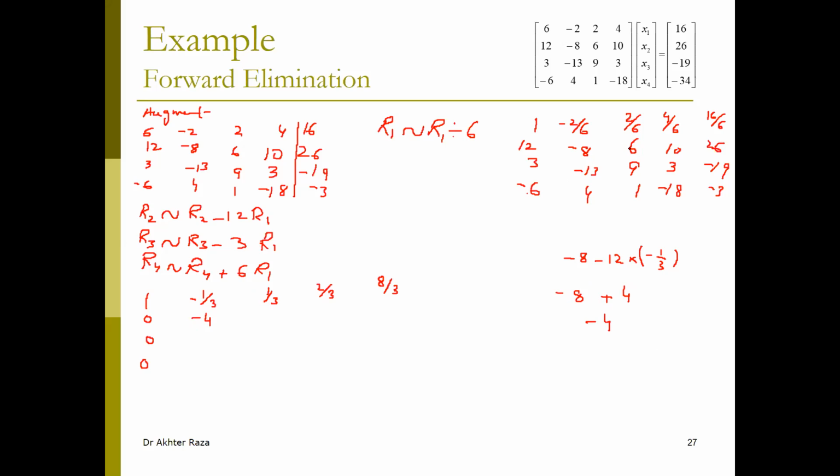I am calculating this one first. 6 minus 12 and 1 by 3. So this is 4. 6 minus 4 becomes 2. So this will be 2 here.